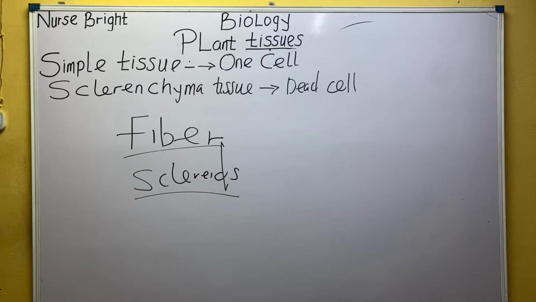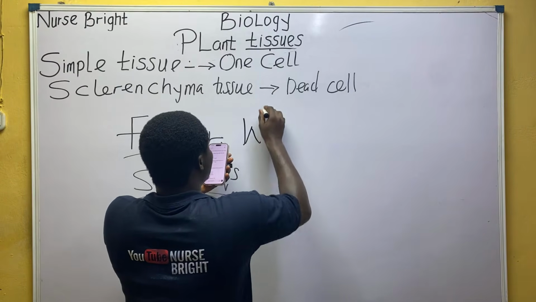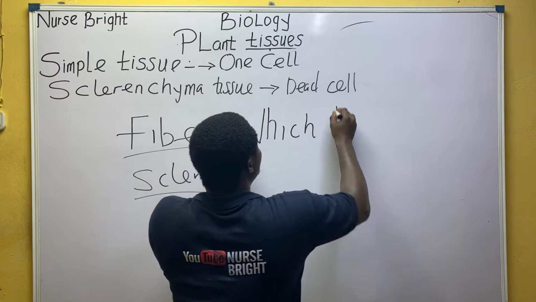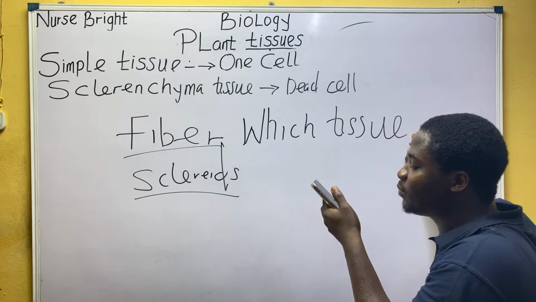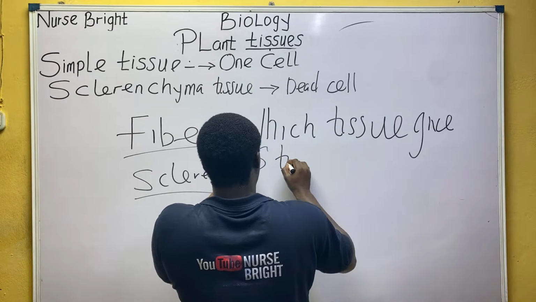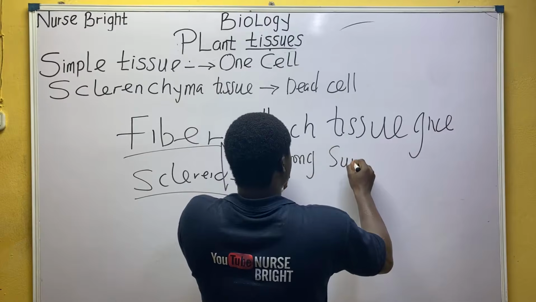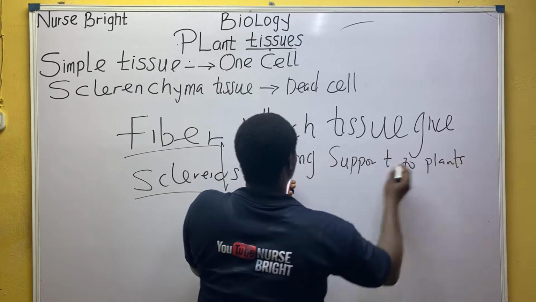I have seen a question based on what we have said so far. Let me read it out. It says, which plant tissue gives strong support to plants? You have to be very smart.